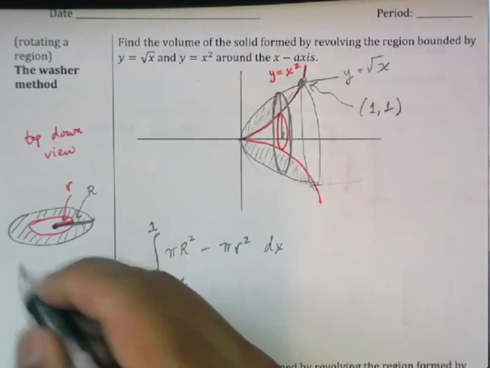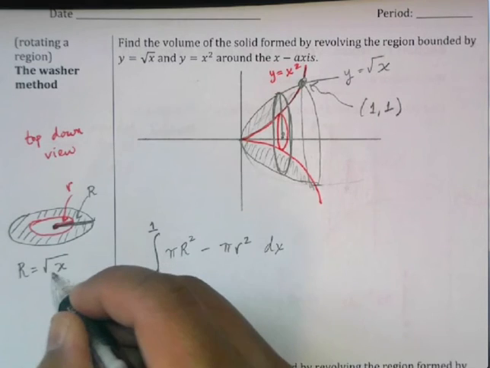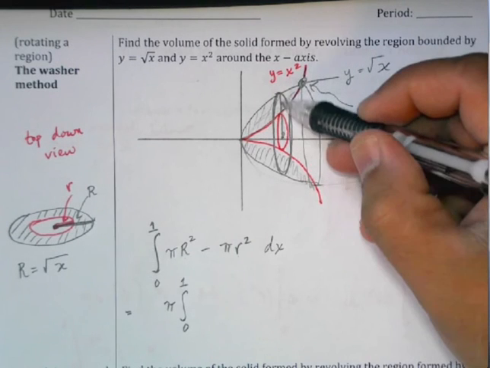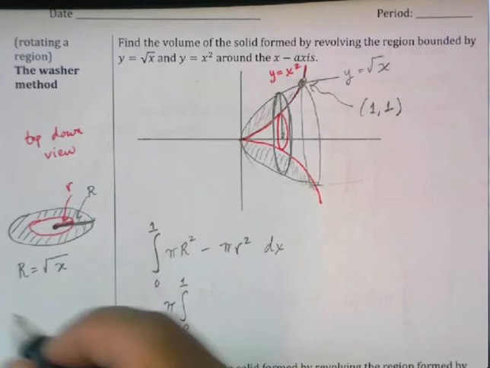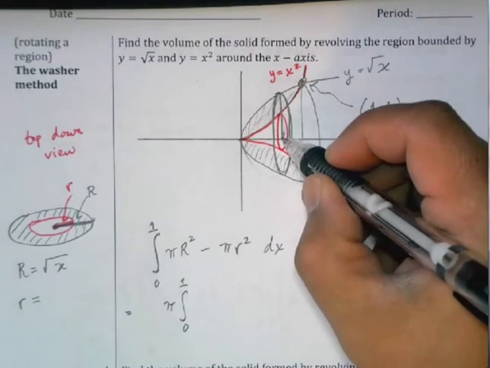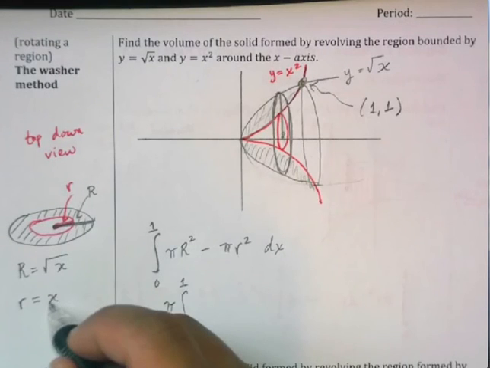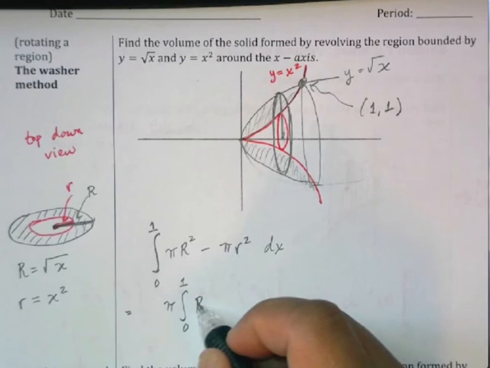But you can see that big R is just square root of x in this case. And little r is the y value of the red curve, which is just x squared. So I'll say that again, little r is the y value of the red curve, which in this case is x squared.